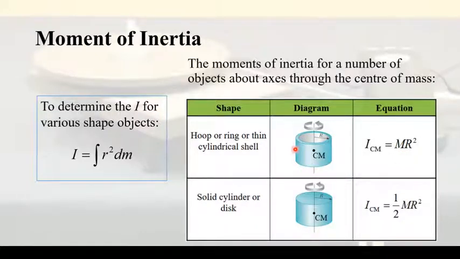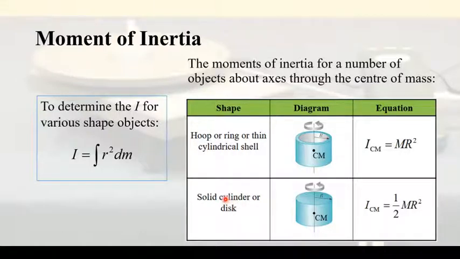This is the I for the whole body, not just one particle anymore. So I for a hoop or ring or a thin cylindrical shell is equal to mr squared.